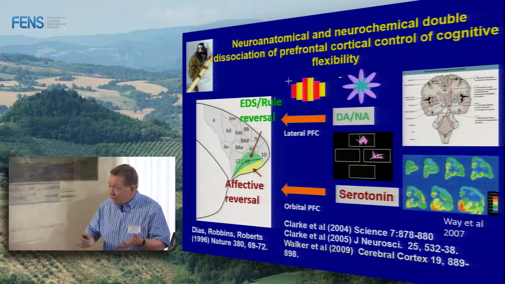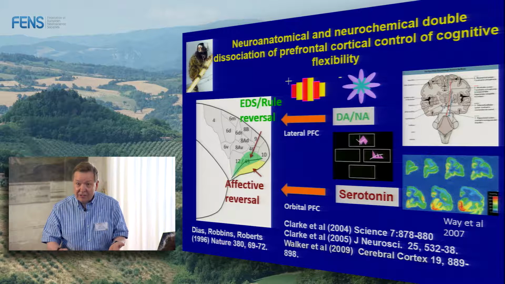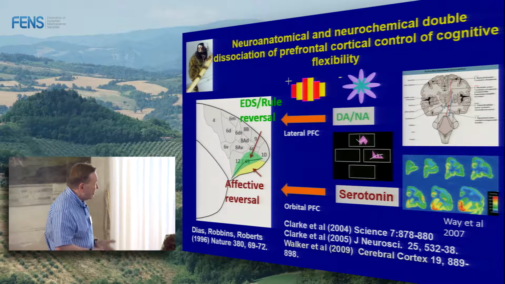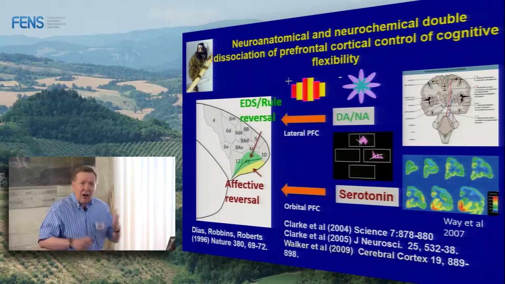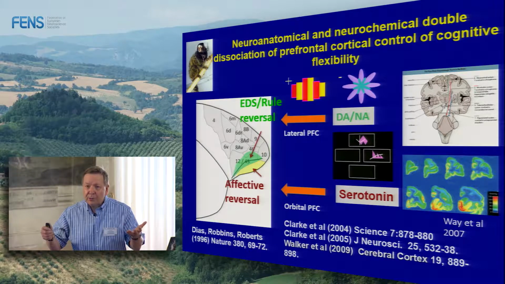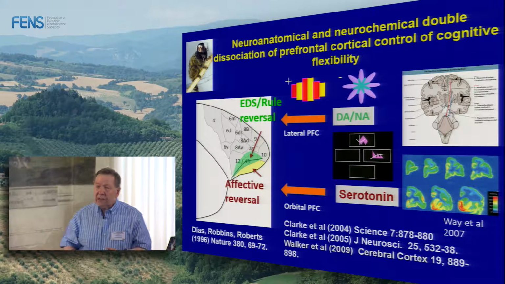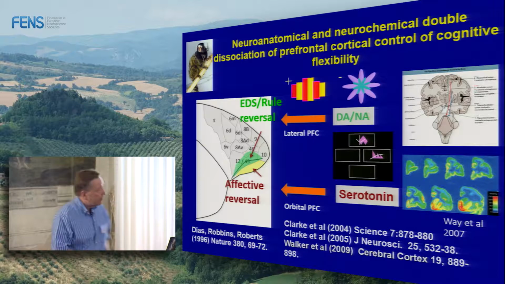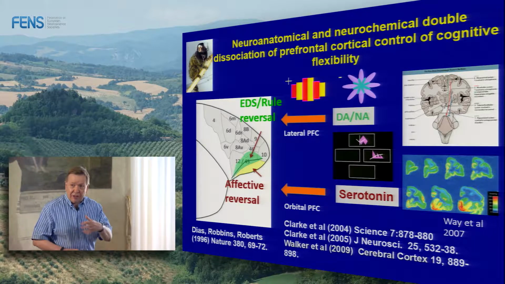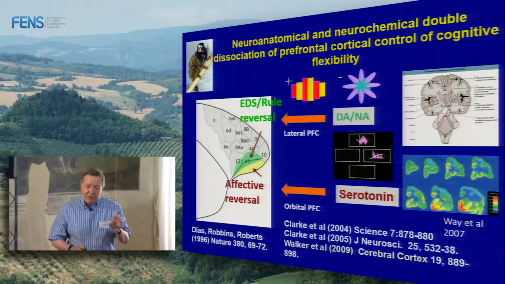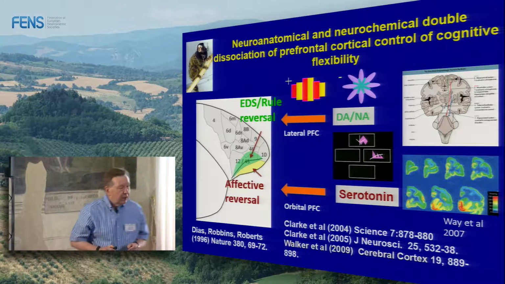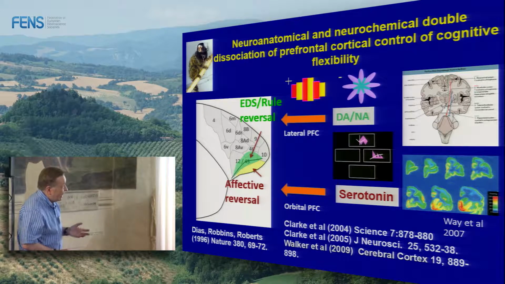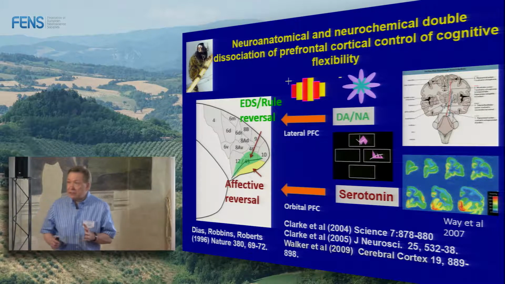So serotonin has some role in cognitive flexibility in that area. But intriguingly, it has no effect whatsoever on this higher order attentional switching. Whereas manipulating the catecholamines in this ventrolateral area, noradrenaline and dopamine, affects the higher order conceptual flexibility, but in our hands, not reversal learning per se.